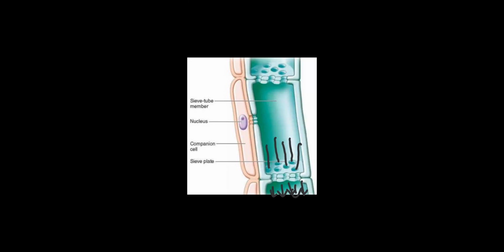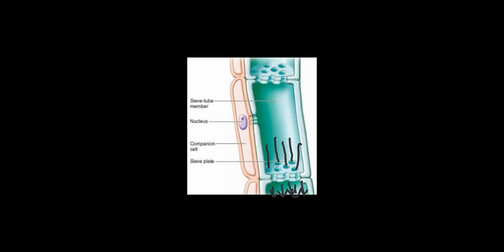The sieve plates. Clear? Every sieve tube member has perforations at its end walls known as sieve plates, with pores called sieve pores, via which the protoplasmic strands pass from one sieve tube member into another, and in that format only the material is transported from one cell to another, and within that sieve tube transport occurs.